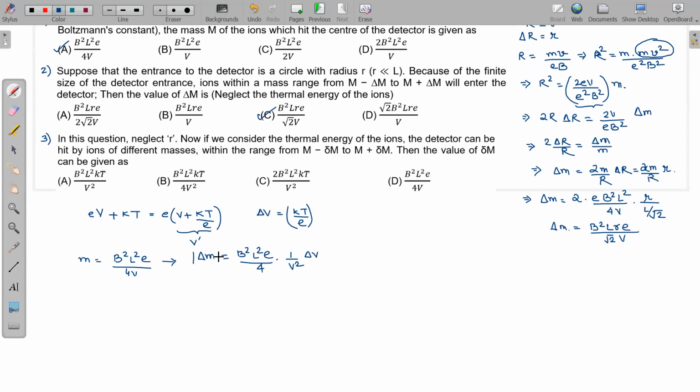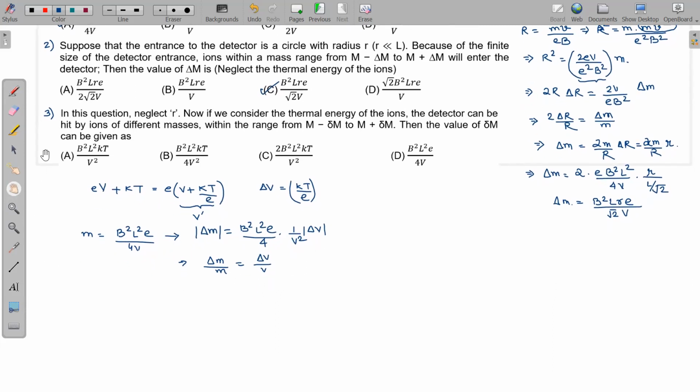So I'm just using the magnitude over here. So this is our expression. So if you calculate delta M by M, divide this expression by M. So you can see that we will be left with this B square L square E divided by 4, this term gets cancelled out, we'll be left with delta V by V.